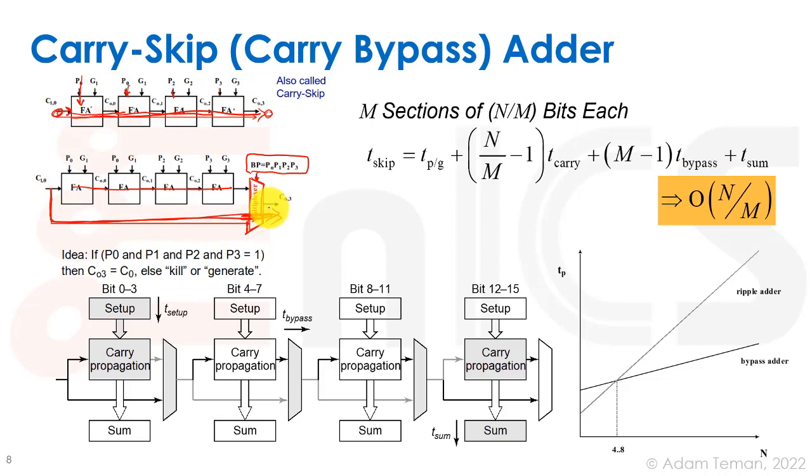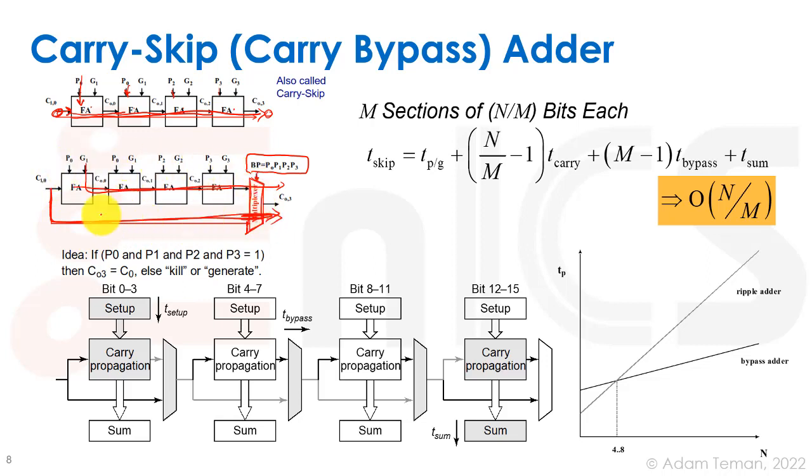Does that help us? The answer is it does not help us if we want to go through all n bits, because just to calculate this whole thing would probably take something on the order of the n bits. But if we do it on a small section, then this calculation can be highly reduced. And then our worst case is just going to be the propagation through this small section, or else we're going to carry it.